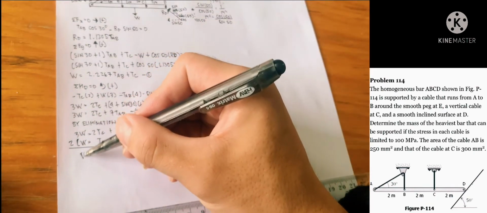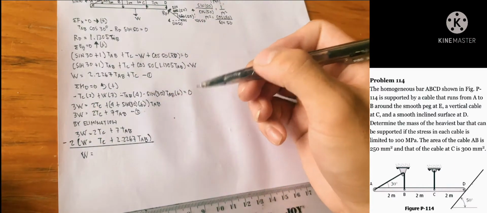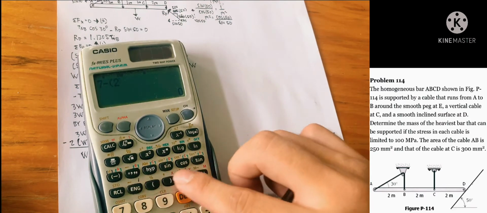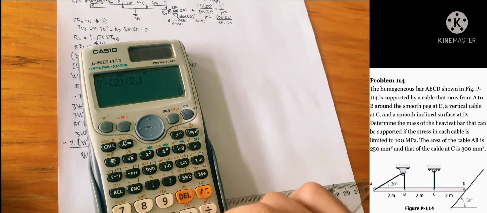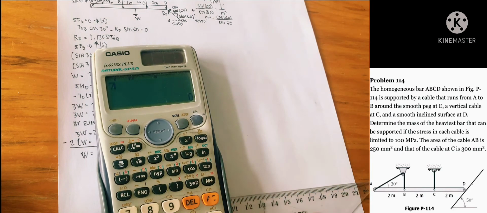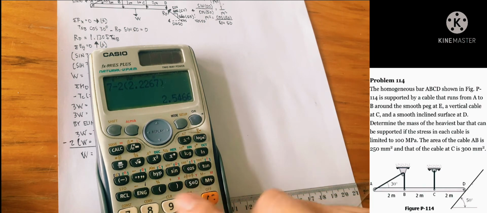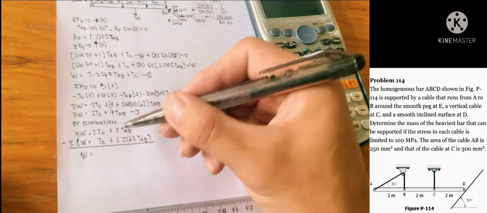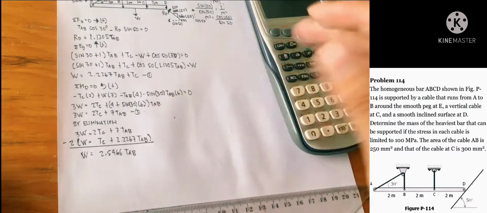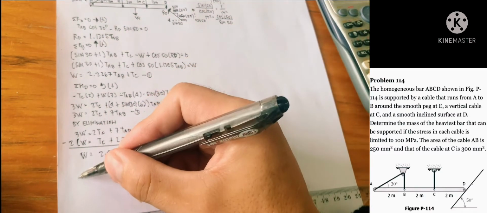Anyways, let us multiply by 2, so 2 times TC minus 2 TC, the tension at C, would of course be 0, and last is 2 times 2.2267, so 7 minus 2.26. So our answer would be 2.5466 times the tension at AB.